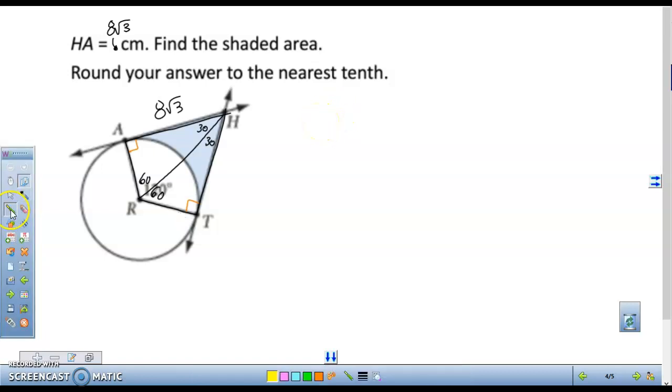Now if I find the area of both of those triangles, look what I get. I get all of this stuff. But to find just the shaded area, I would then subtract away this sector. And if I subtract away this sector, all that's left is that shaded region. So my plan, simply put, is I'm going to find the area of both of those 30-60-90 triangles.